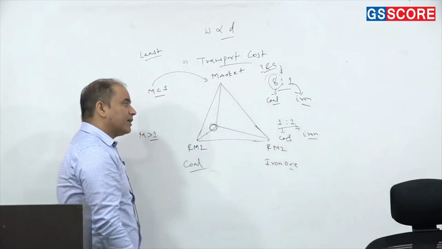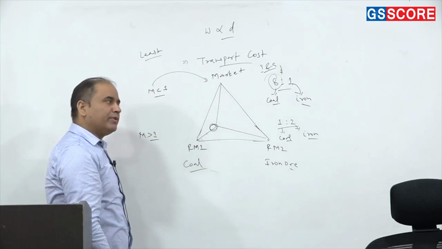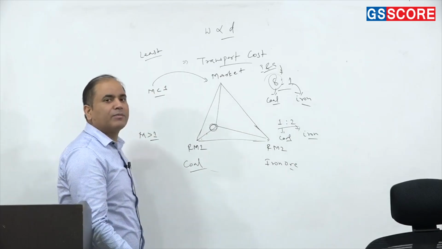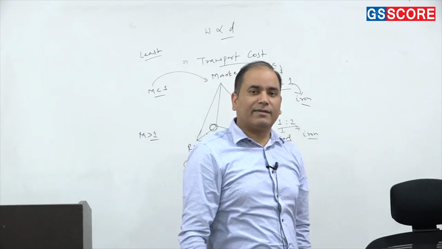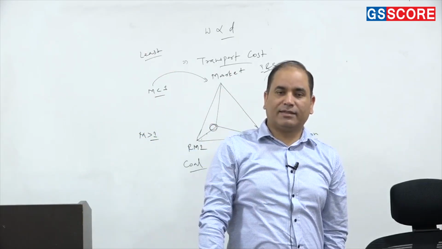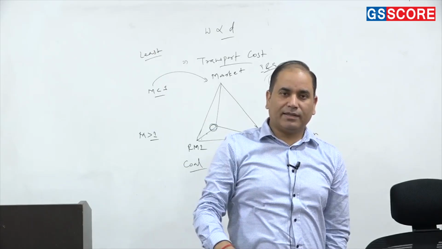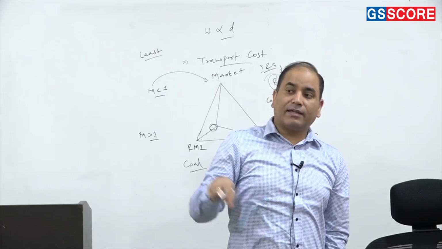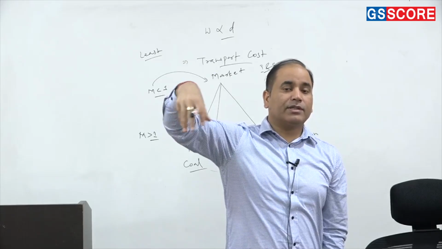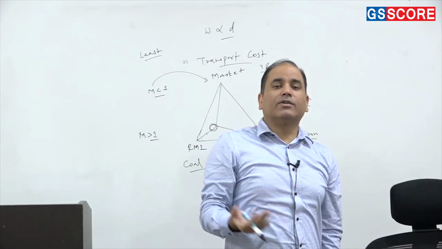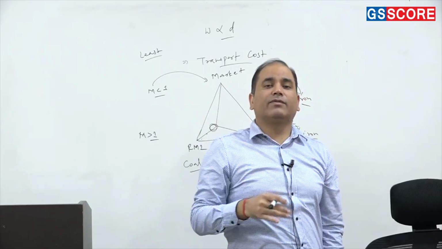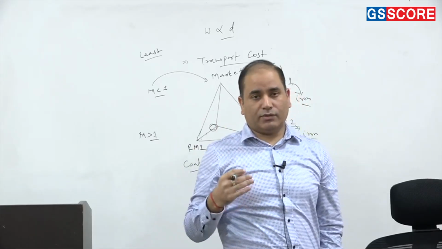If the requirement of coal is less and iron ore more, we can set up the industry nearby the iron producing area. Like the very famous Visvesvaraya steel plant, Salem steel plant, Bhadravati steel plant. These steel plants are iron ore based, because the coal requirement has reduced, and obviously we can match the requirement of coal through import also.